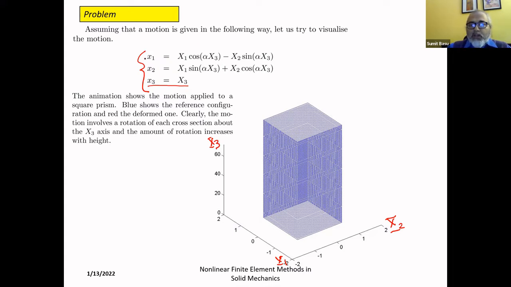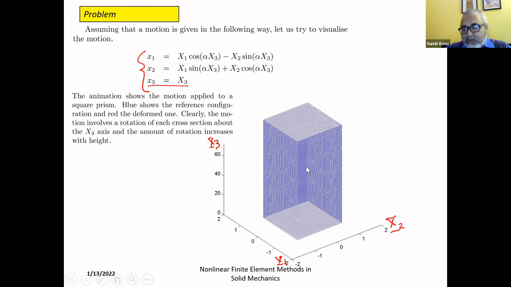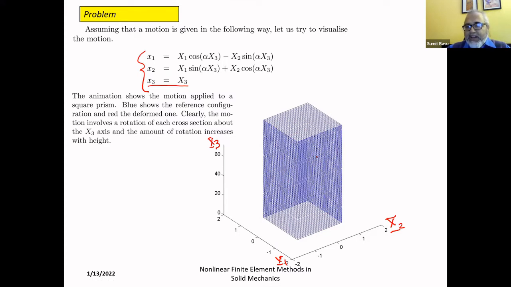So what we have here is a motion where every point at a height x3 remains there, but rotates by an angle alpha x3.